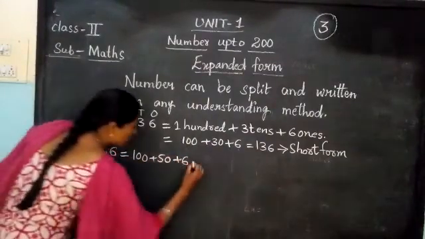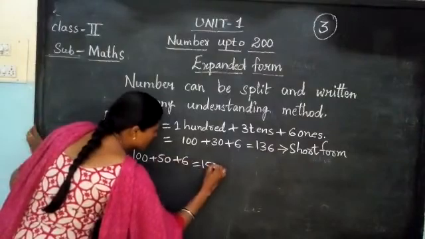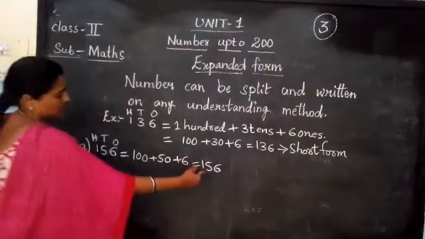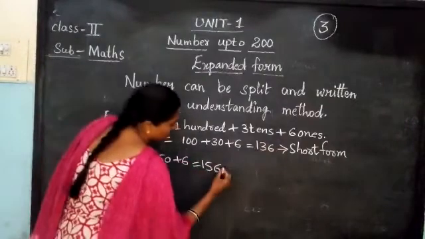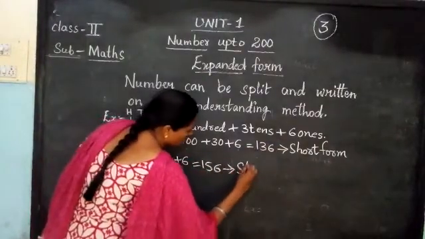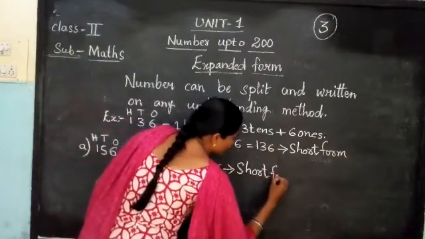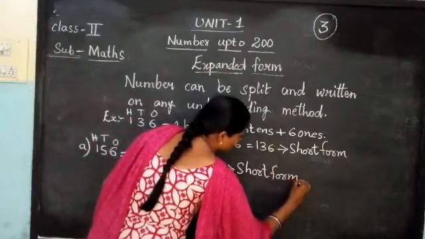Again what number did it become? 156. What is this number? Short form. Okay children, I think you understood.